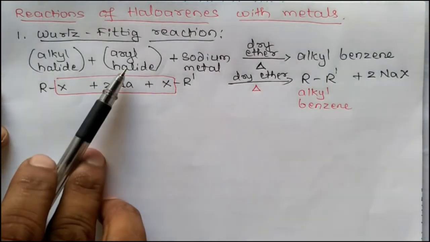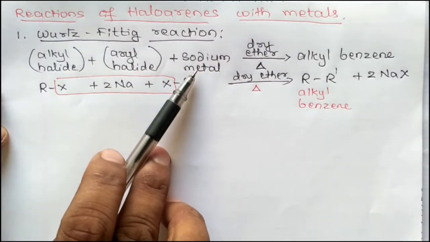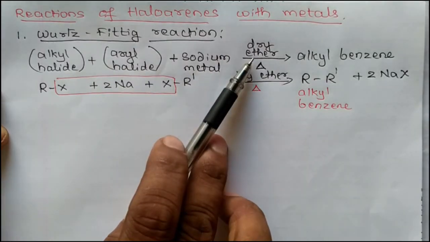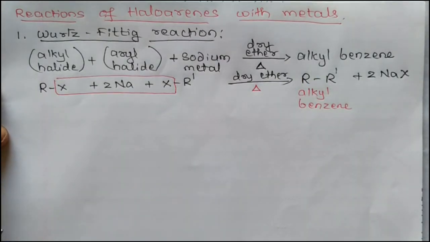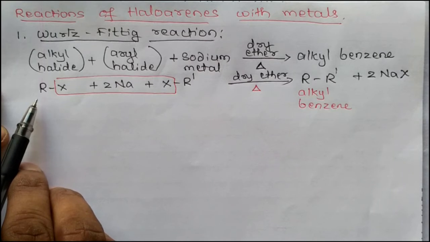A mixture of alkyl halide and aryl halide is heated with sodium metal in the presence of dry ether. You are going to get alkyl benzene. This is the general reaction.